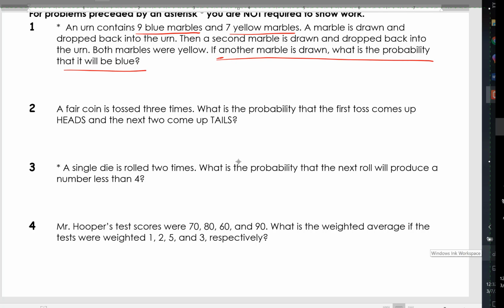So the likelihood that you're going to draw a blue is going to be 9 blue marbles over 16. There's a total of 16 marbles in there. That's the probability. Probability is the number of possible outcomes that are the outcome you're looking for, and then in the denominator, it's just the total possible number of outcomes of all kinds.